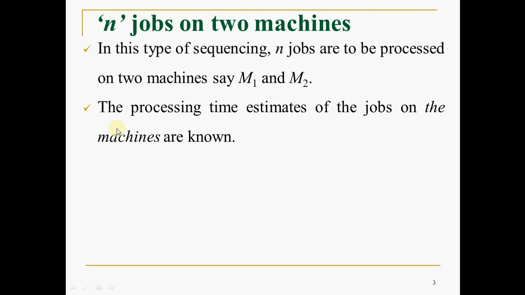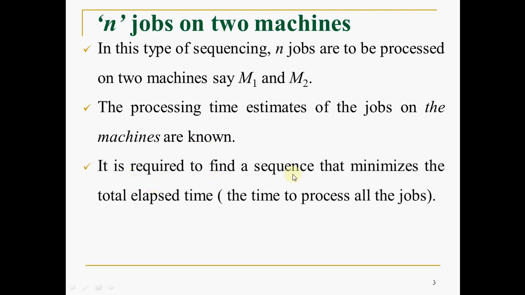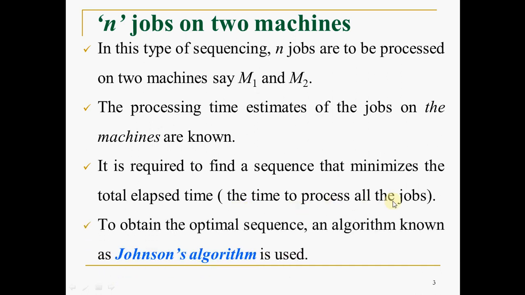The processing time estimates of the jobs on the machines are known or given. It is required to find a sequence that minimizes the total elapsed time, that is the time to process all the jobs on both the machines. To obtain the optimal sequence, an algorithm known as Johnson's algorithm is used.